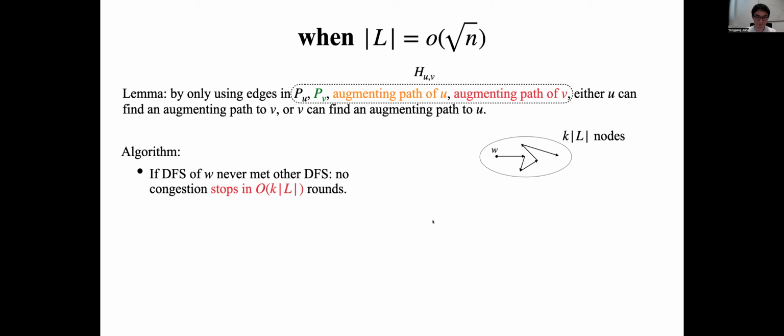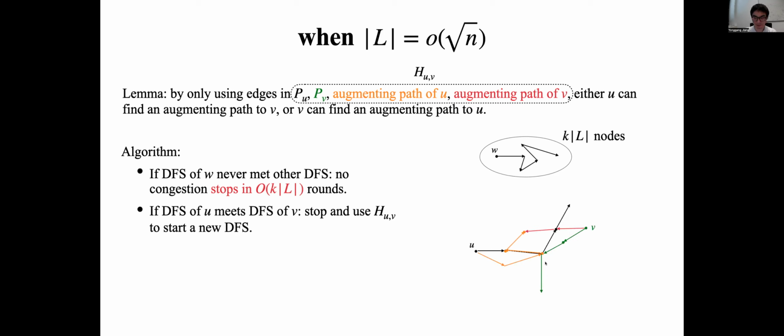But if some node U meets another DFS of V, just like we described in the last slide, then they just stop the DFS. And then they use this H_UV, which is all the edges here, of size K times L, to start a new DFS.